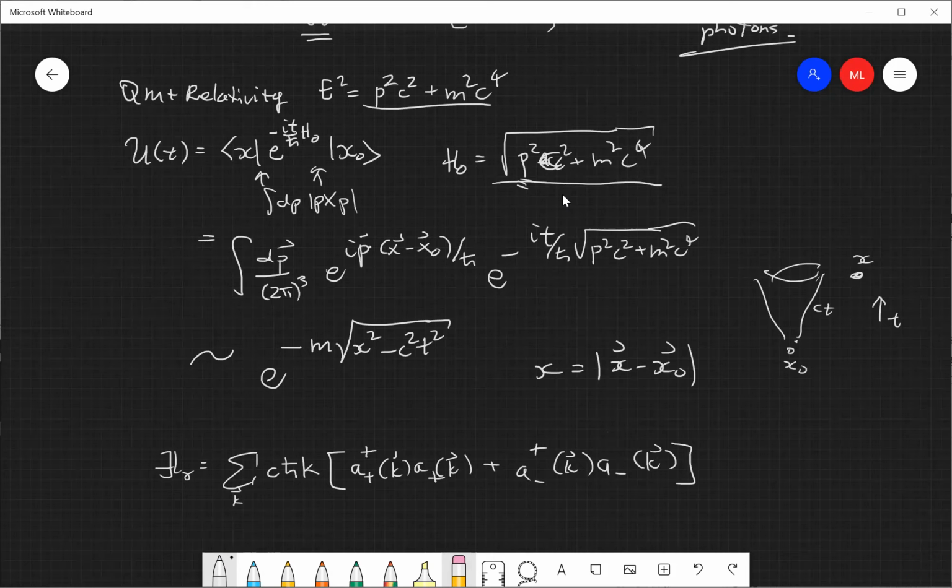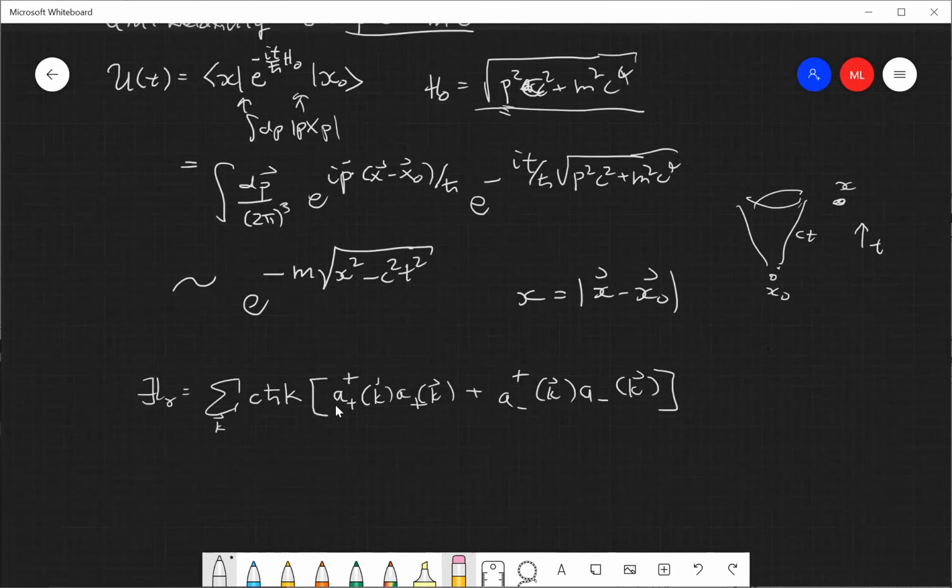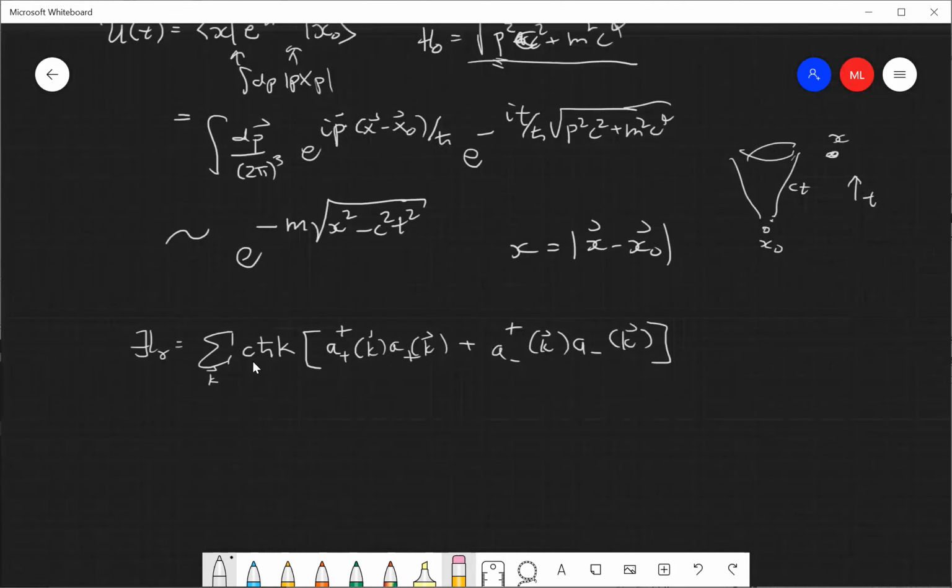But of course, this is the momentum basis. And if we wanted to move to the position basis, things get a little bit complicated because, again, of this issue that this momentum relationship is very awkward in position space. How would we even write this in position space? It would be something like c h-bar square root of minus the gradient squared, right?